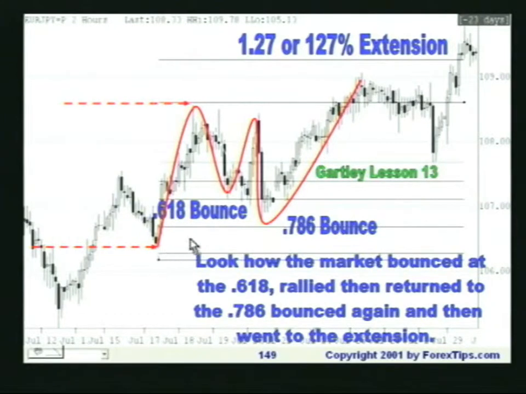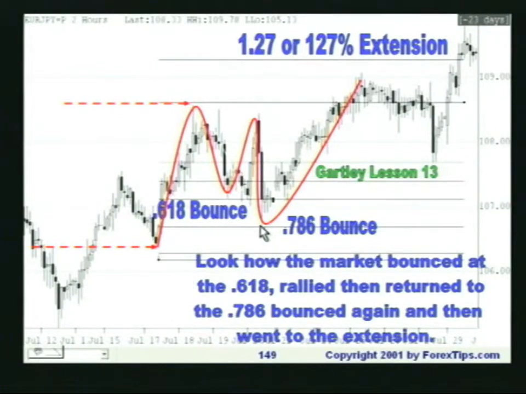If you moved your stop early, then you were stopped out and you were not able to take advantage of its natural move. Now, the 786 is the last level of hidden support or resistance depending on the swing.